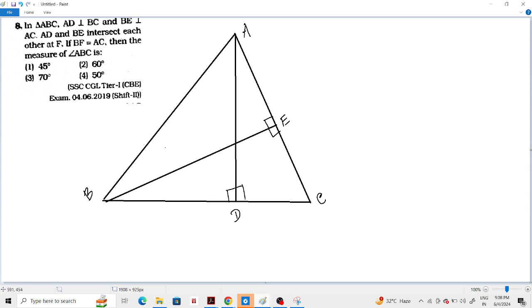If BF is equal to AC, they intersect each other at F. So BF is equal to AC. So this is equal to AC. Then find the measure of angle ABC. I have to find this out.